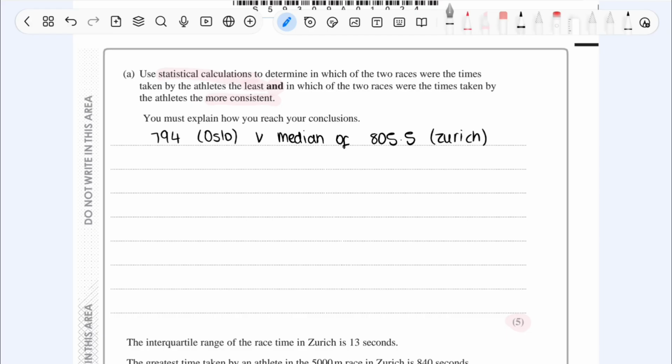And now let's directly compare them. 794 is less than 805.5, therefore Oslo was quicker or quickest, as median was lower.